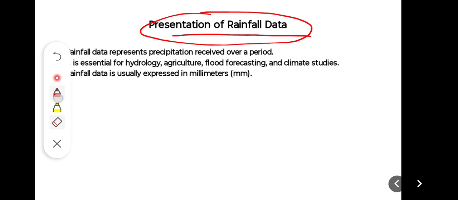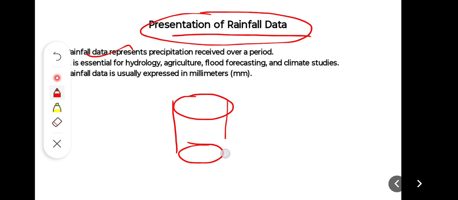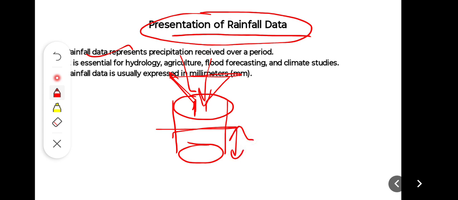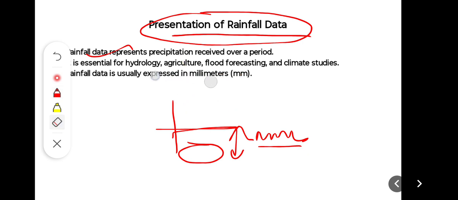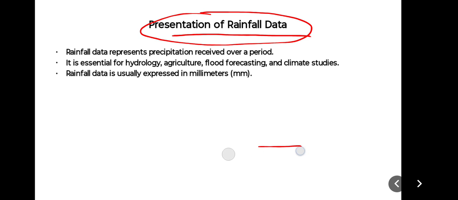Okay, so in this type of rain gauge, like non-recording type, there is a bucket where a funnel is there. So the rain comes into this bucket, and the amount of rainfall we have to note in a logbook.